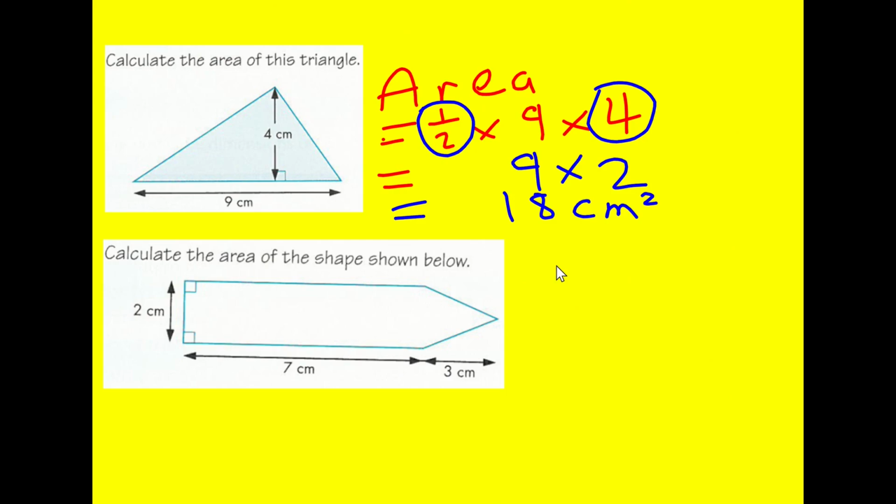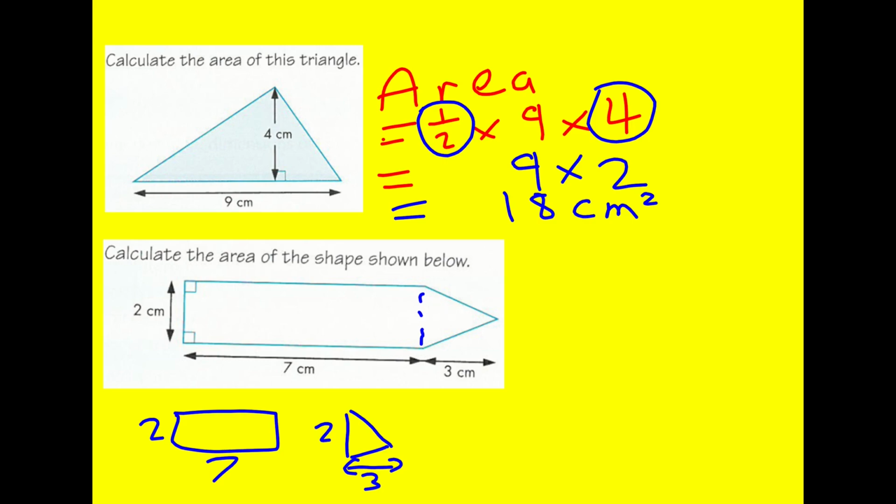Right, what do I have here? It looks a bit like a pencil, but if I draw a line down here, I see that I have a rectangle, which is 2 by 7, and then alongside it, and I'm going to move it away a little bit, I've got a triangle, which is 3 and 2.